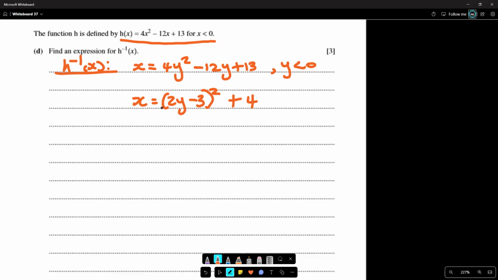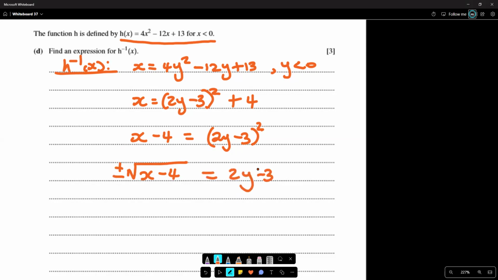So we take this that side. So you're going to have x minus 4 equals 2y minus 3 squared. Then I'm square rooting both sides. So this side I'm going to have plus minus the square root of x minus 4, then this side I'm left with 2y minus 3.